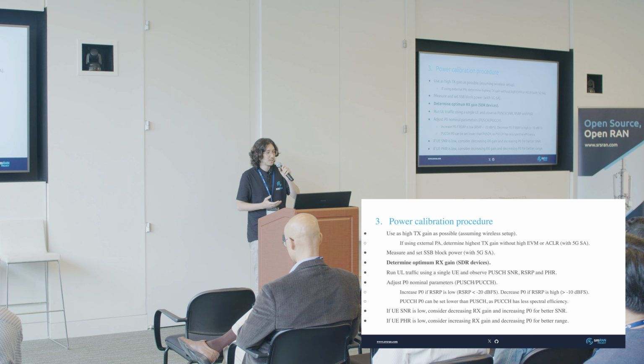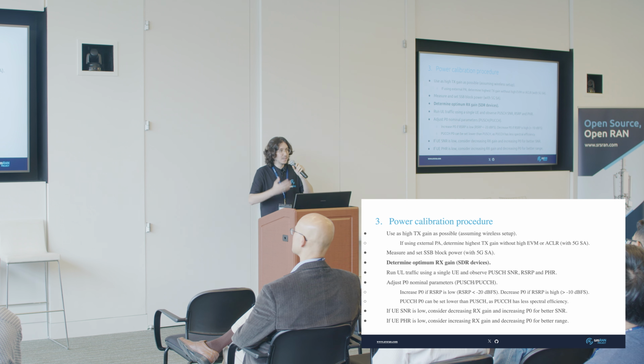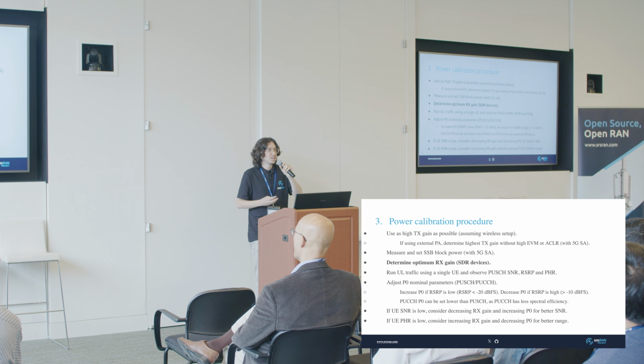The reason for this is that the PUCCH channel uses less spectral efficiency. So basically the data that is carried over this control channel has more redundancy, and it can deal with more degradation. So it's probably fine to, for example, use 10 dB below the PUSCH P0 for PUCCH P0.